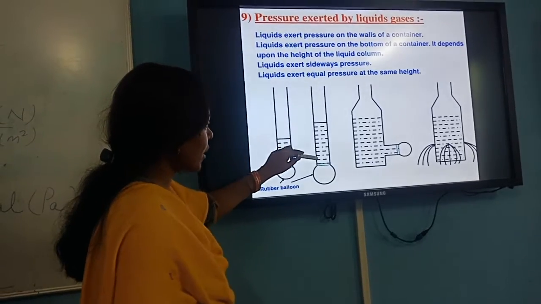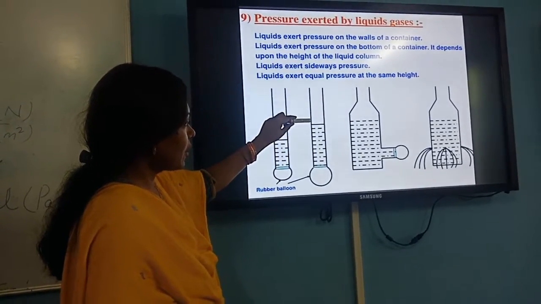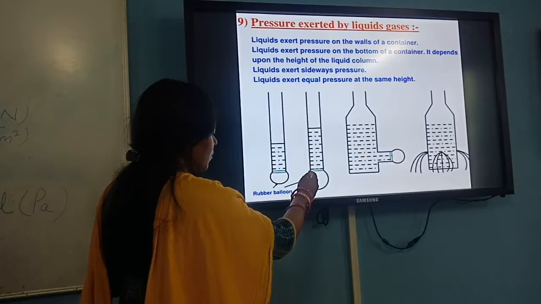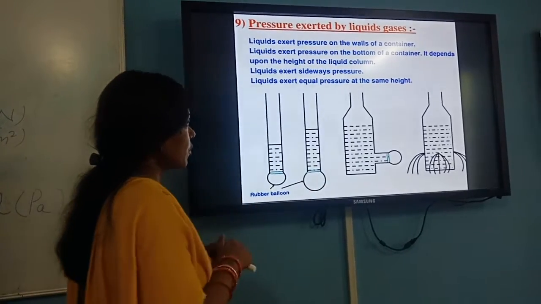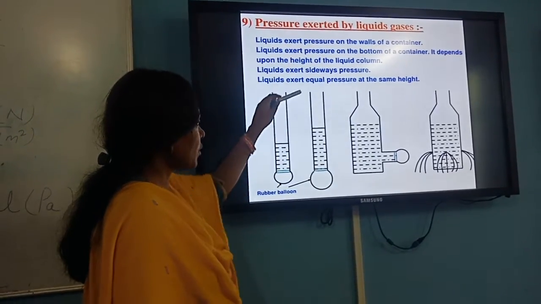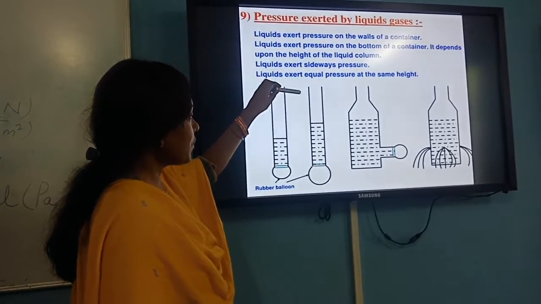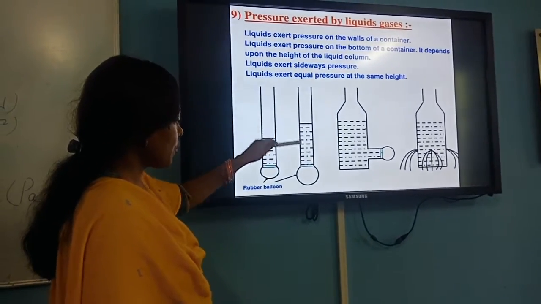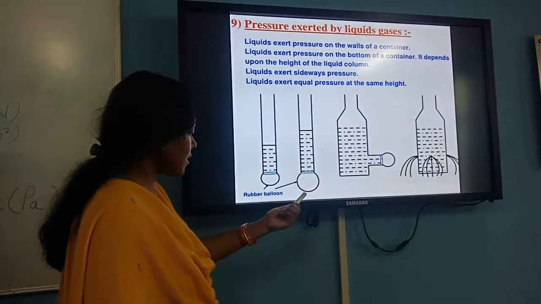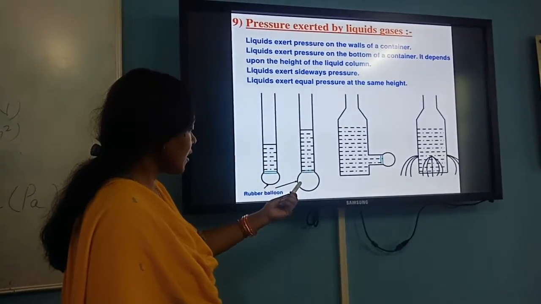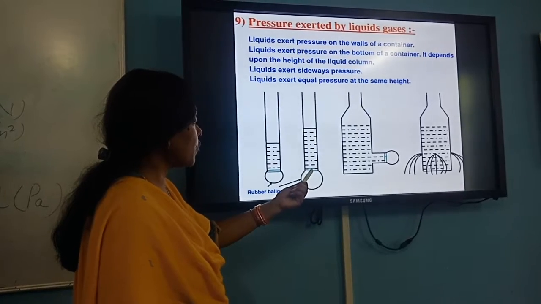When we increase the height of the water in the tube, the rubber balloon inflates more. It means when we increase the height of liquid, the weight of liquid also increases, so it exerts more force. So its pressure increases, and it inflates the rubber balloon more.